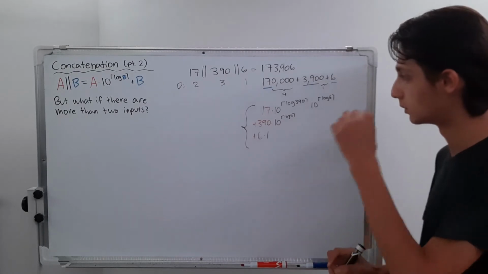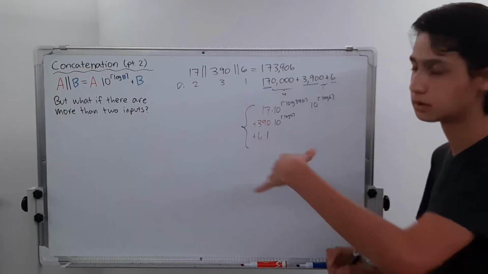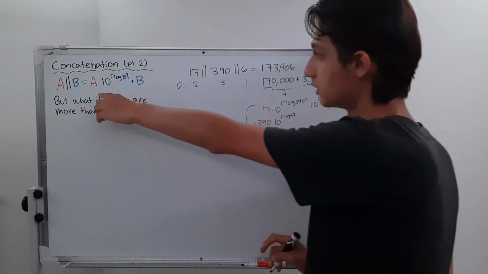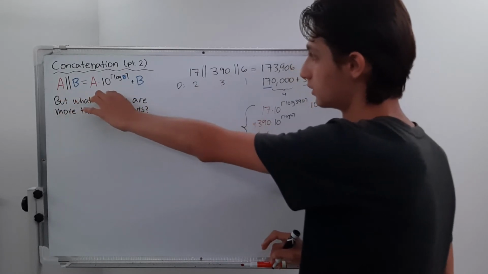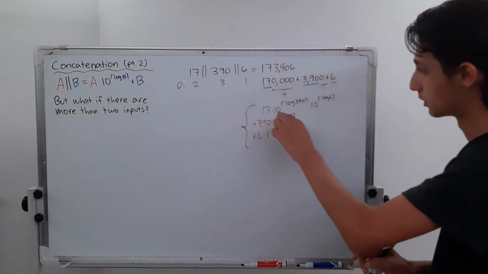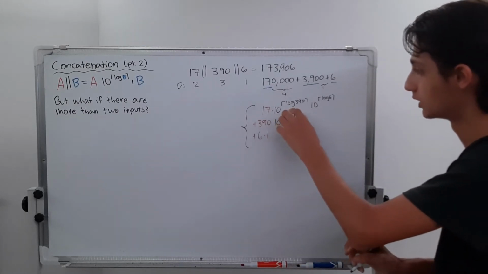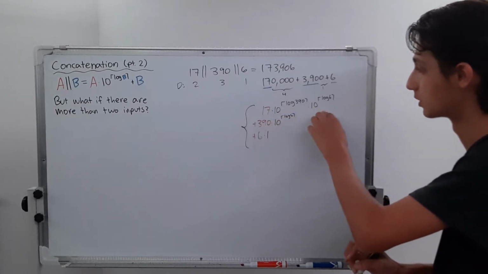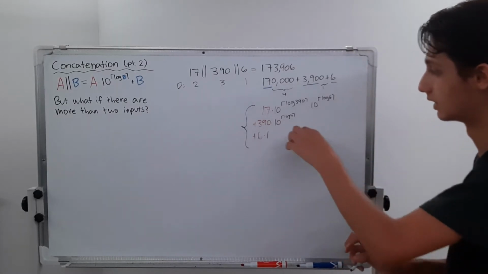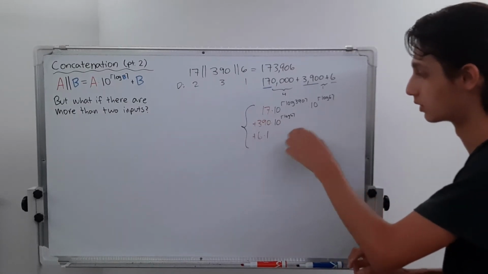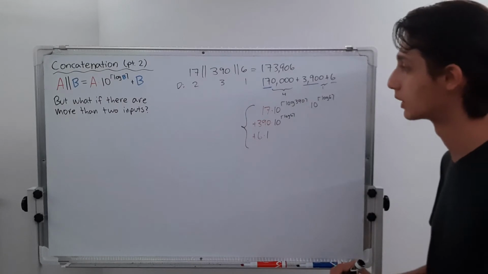What we notice is that we can see a pattern, because whenever we have two inputs, we have this pattern. Whenever we have 3 inputs, we have this sort of pattern. So you can guess that whenever we have 4 inputs, we're going to have 10 to the log of the second times the third times the fourth numbers, and then the second, and then third times the fourth, and it's going to keep going.